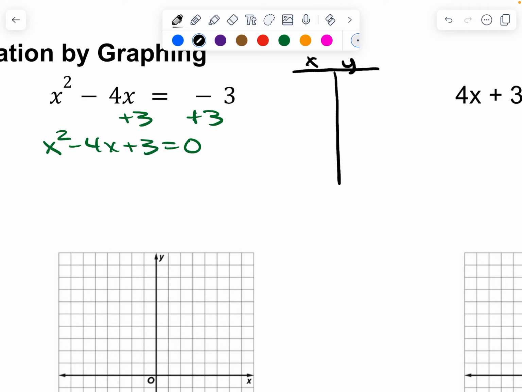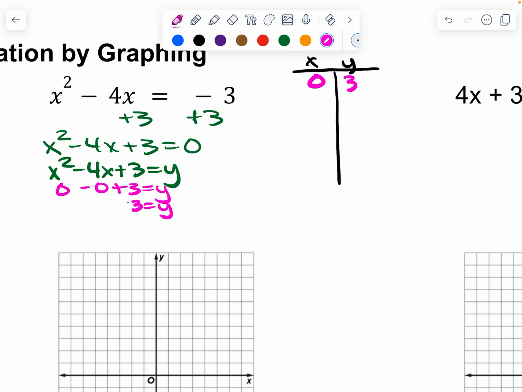So I don't know why they have it here. So I always like to, before I do that, I forgot to put it like so. Okay, I'm going to replace x with 0. So 0 minus 0 plus 3 equals y. So that means that 3 would equal y. So I plot that point.